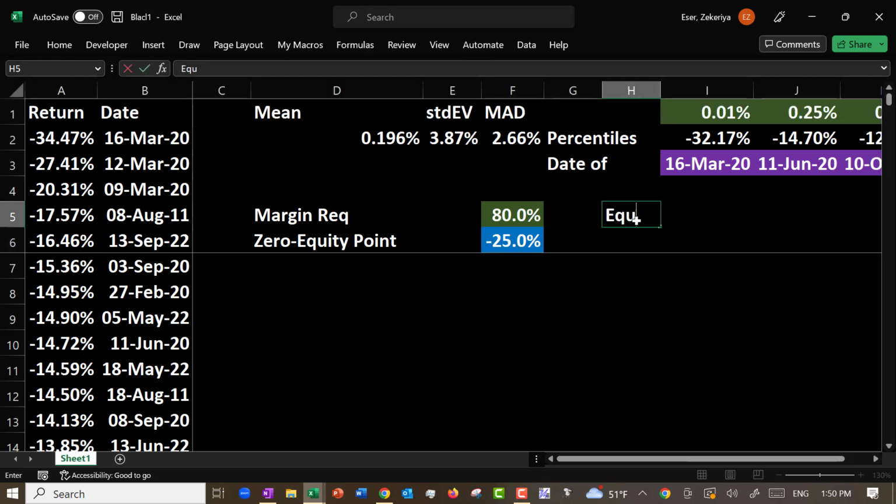Now, let's calculate the equity. Well, I'm going to buy $100 worth. Oh, I'm going to buy $100 worth of stuff, 80% with my money. Okay.